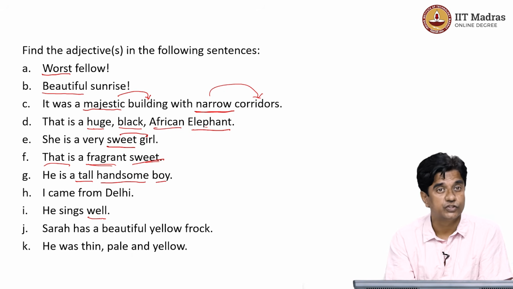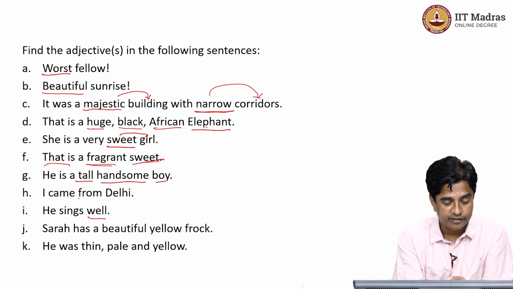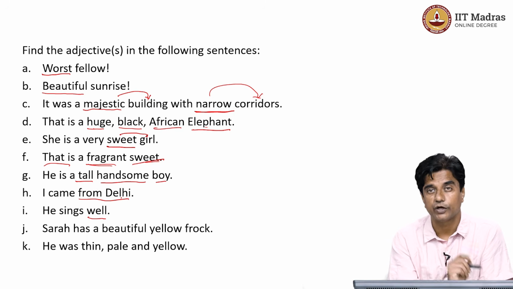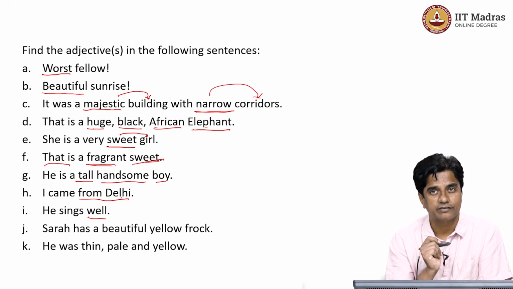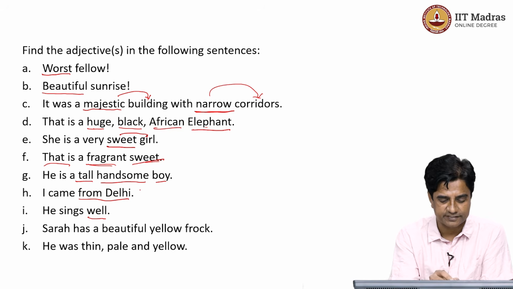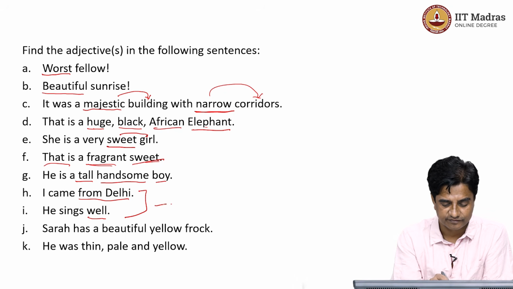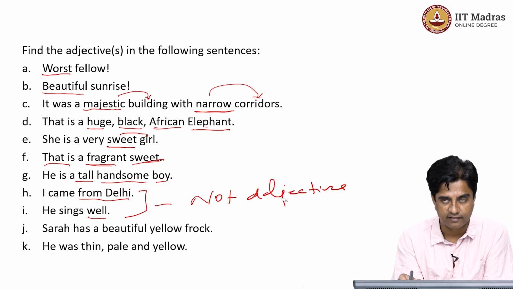Caution, well is not an adjective. In the same way, from Delhi is not an adjective. Then what is it? We are going to talk about that very soon, but these are two sentences for you to understand that they are not adjectives.